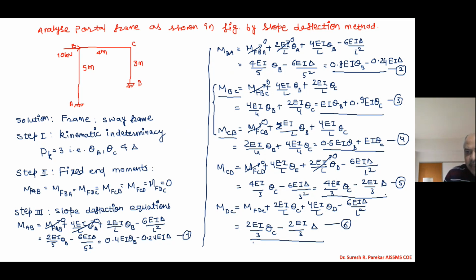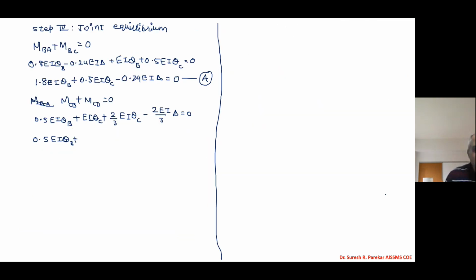MCD we have 4 by 3 EI theta C. So it is not 2 by 3, that is DC. So this value we have 4 by 3. And so this becomes 3 plus 4, 7 EI by 3 theta C minus 2 EI by 3 delta, which is equal to 0, equation B.